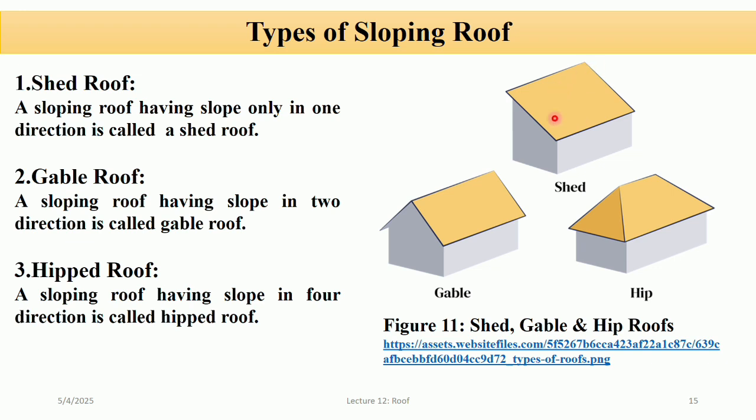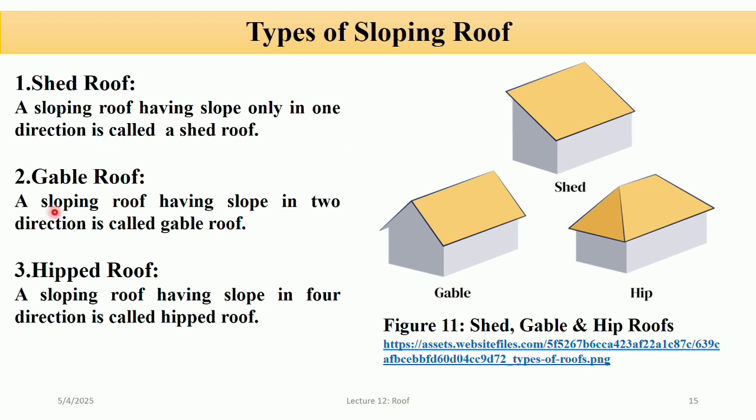It is the simplest type of sloping roof, like a flat roof tilted at an angle, and it is commonly used for small structures such as verandas, sheds, or extensions of buildings. It is simple and economical to construct. It allows rainwater and snow to drain off easily on one side.